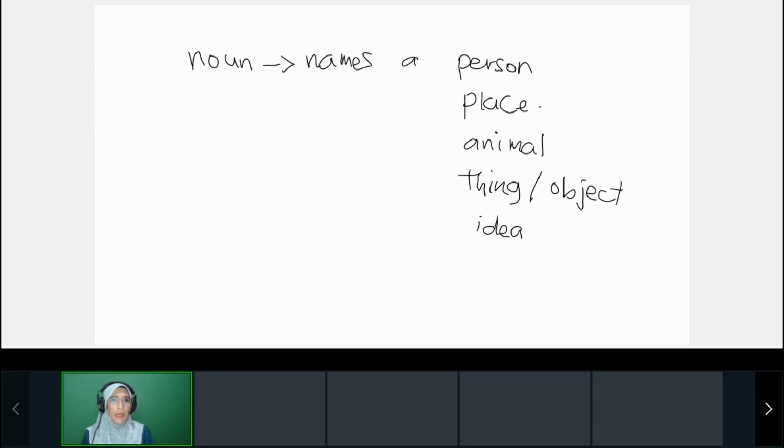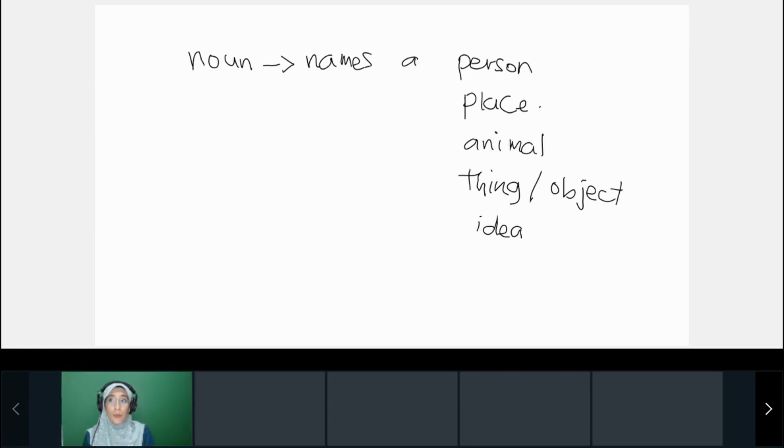anger. Anger is actually an emotion, but it's also considered a noun from the word angry. Angry is actually an adjective, so if you want to transform it into a noun, it should be anger. Let's say success. Success is also a noun.